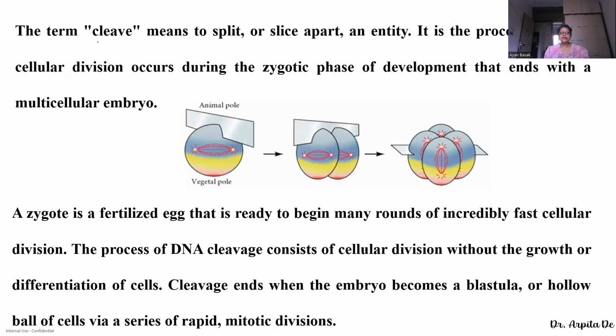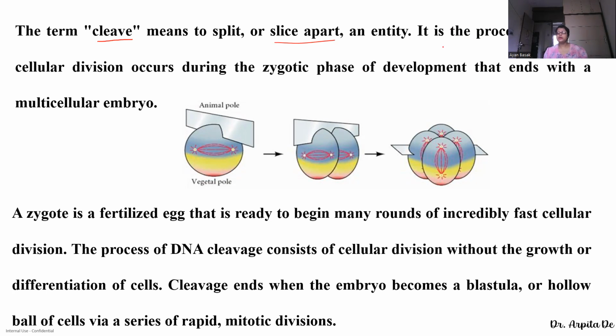The term cleave means to cut and split. It means to split or slice apart an entity. It need not be an egg or any biological substance; it is simply splitting something apart.